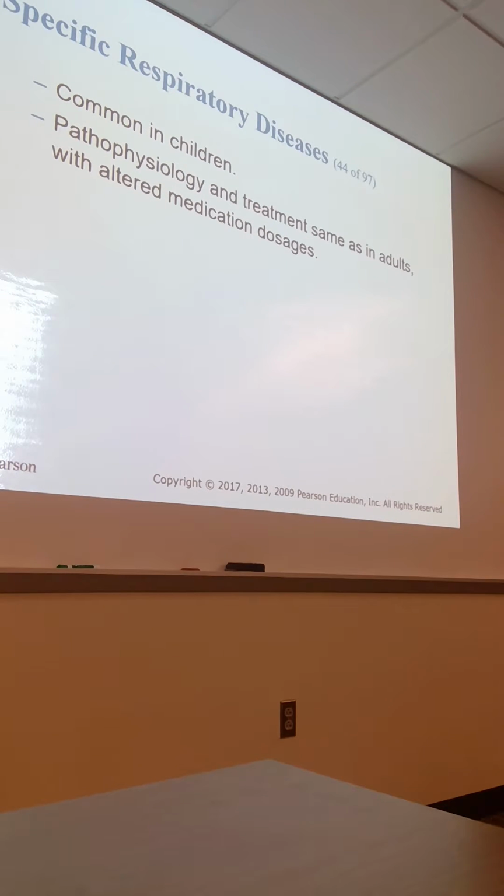The reason that croup is so bad in kids is the diameter of their airway is so small. If you as an adult have a 50% reduction of your airway, you still have a pretty good airway. But if you've got a 3 millimeter airway and you take it down to a 1.5 millimeter airway, you've got a problem. So beware.